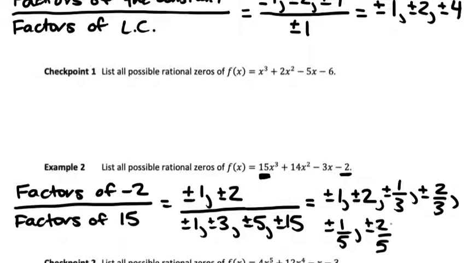So next we need to do the denominator of 15, so that would be plus or minus 1 over 15, and plus or minus 2 over 15. So those are all my possible rational zeros for this function.